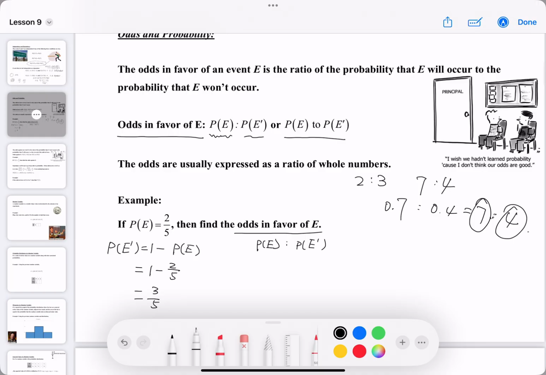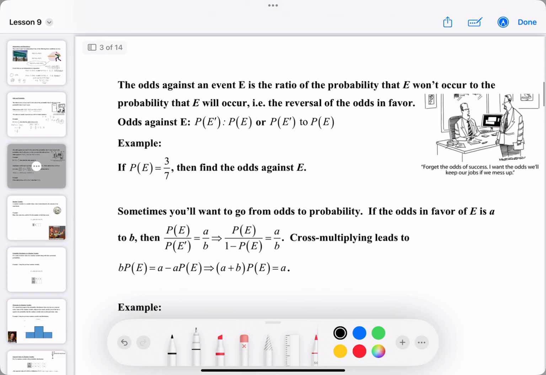So P of E, 2 over 5, to 3 over 5, is a fraction to a fraction. We can do the cancellation. The denominators are the same, so we cross out the denominator. We are having 2 to 3. The solution is 2 to 3.